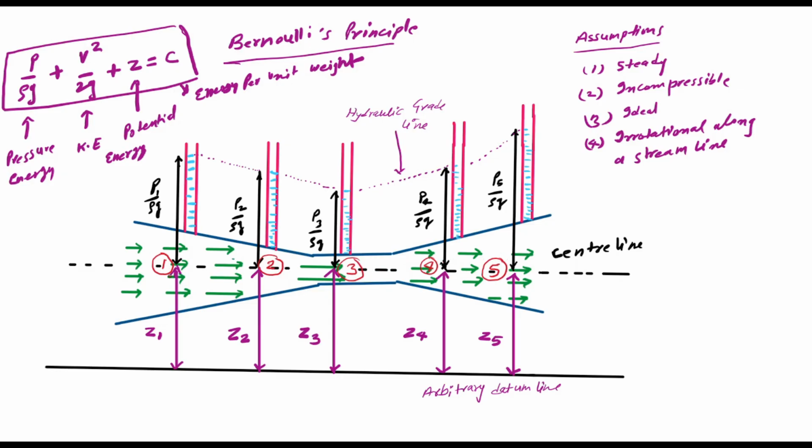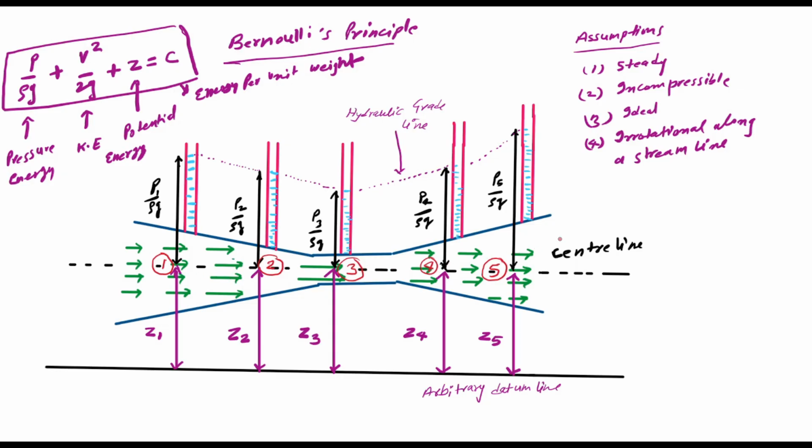We want to measure the net mechanical energy at a point. For example, this is 1, 2, 3, 4, and 5, on the center line of this converging diverging tube, right?